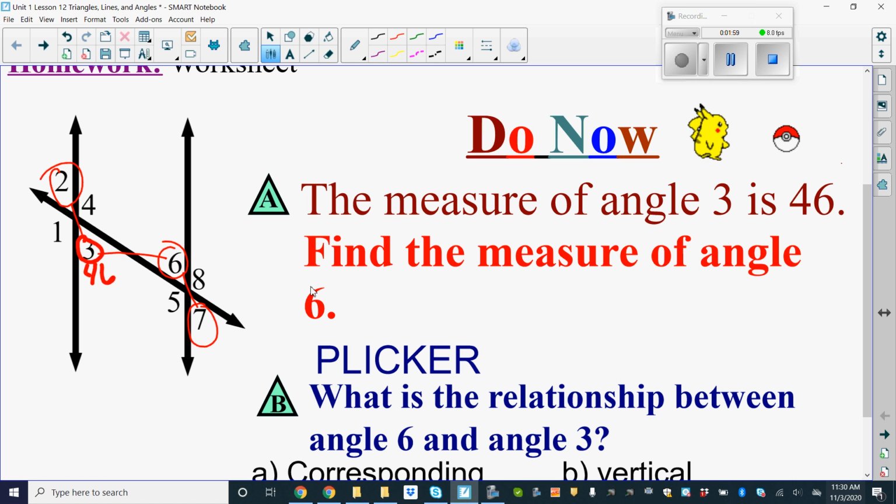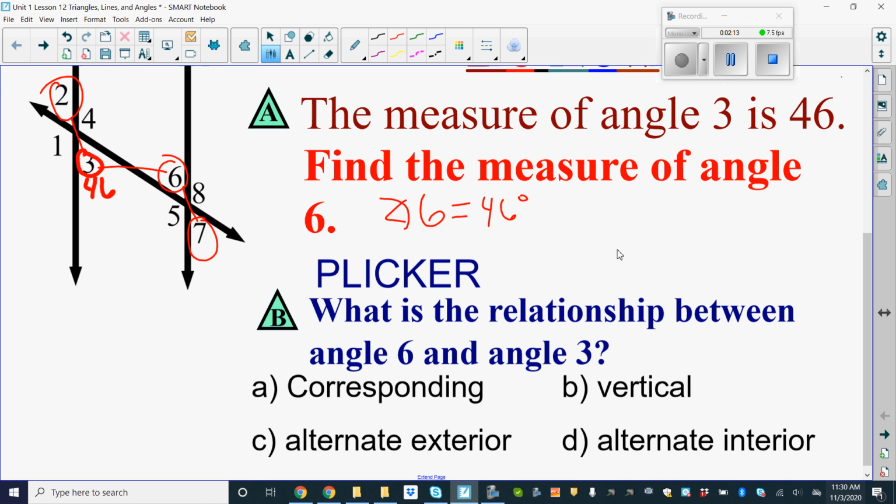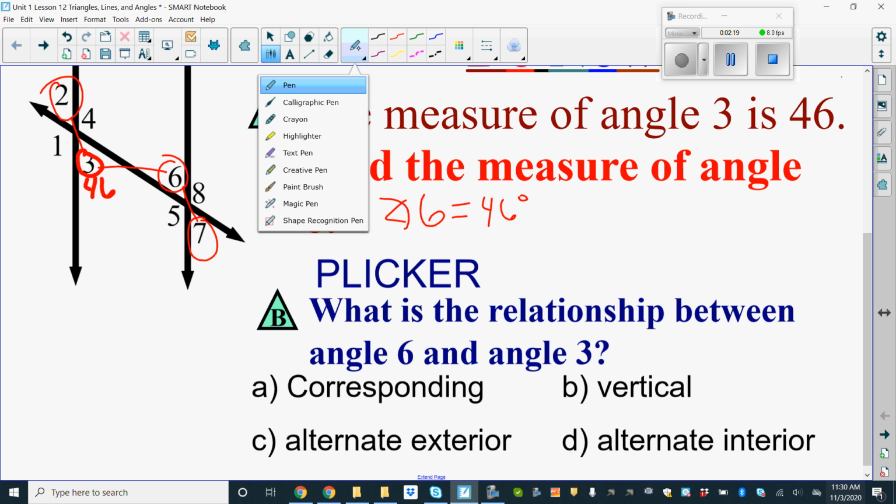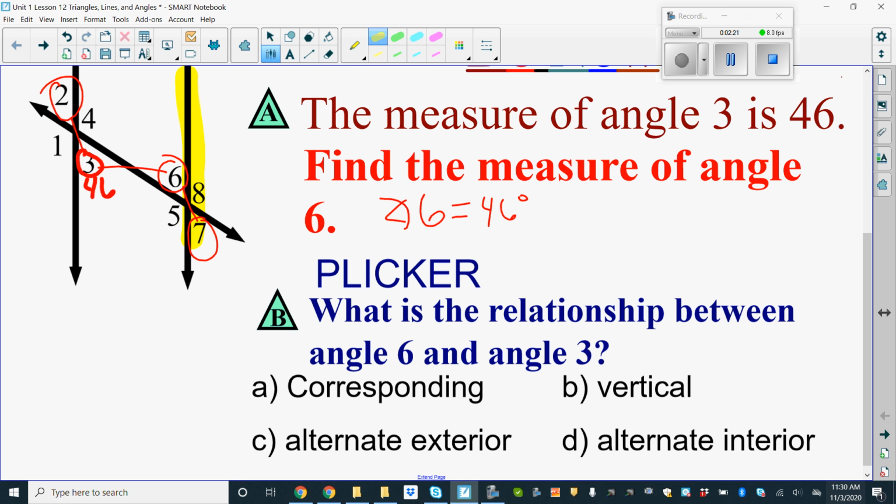Now we need to solve for 6. 6 is in the zigzag, so therefore angle 6 is also 46 degrees. And that's it. For the next question, what is the relationship between 3 and 6? We have our parallel lines, and 3 and 6 are in between them.